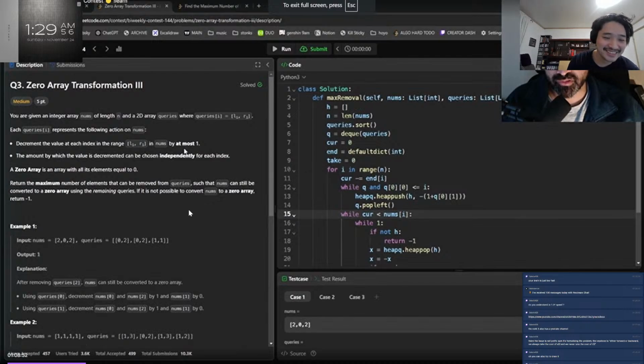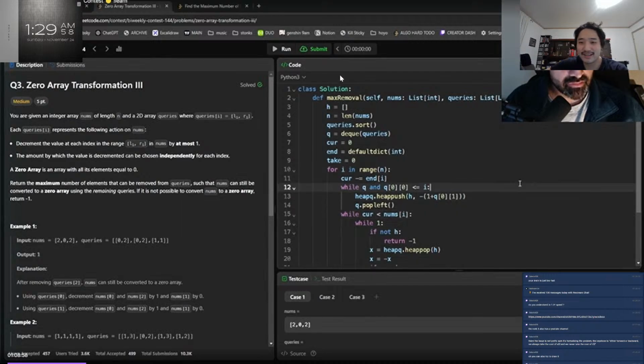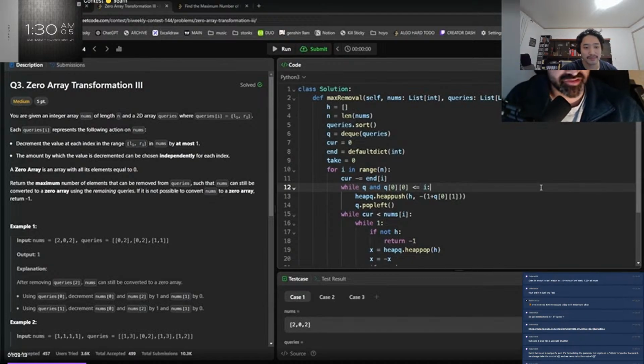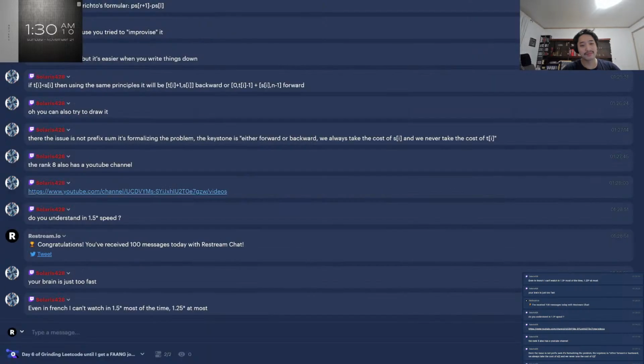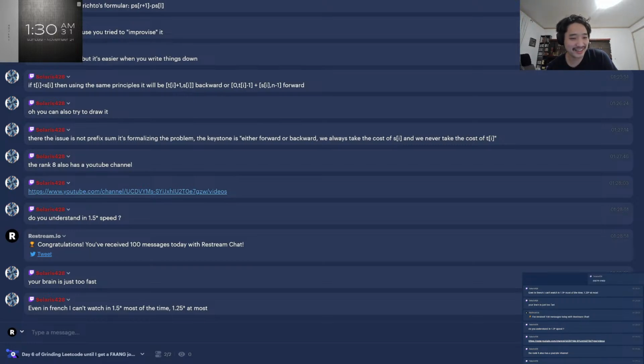Yeah, it's double speed now. Even in French I can't watch at 1.5x most of the time, 1.25x at most. I think the fastest I've been able to comprehend, in Norwegian, was 4 times speed. I think that's just the way I learned.